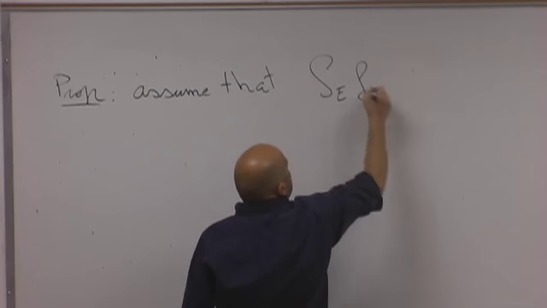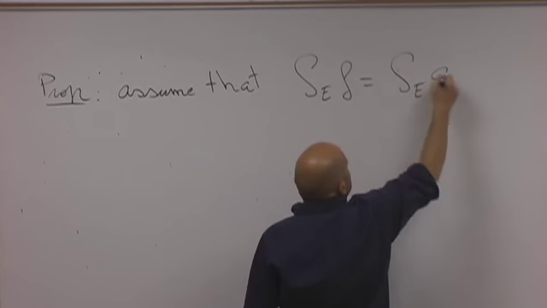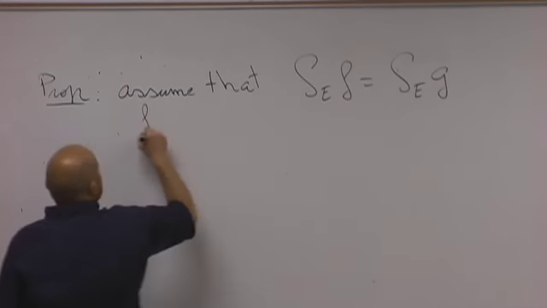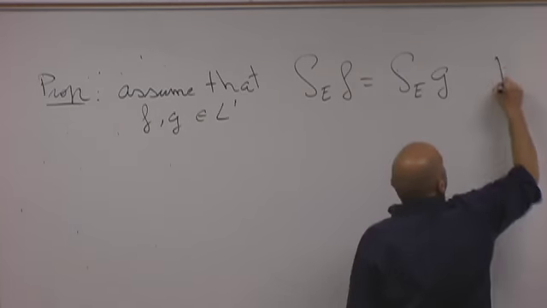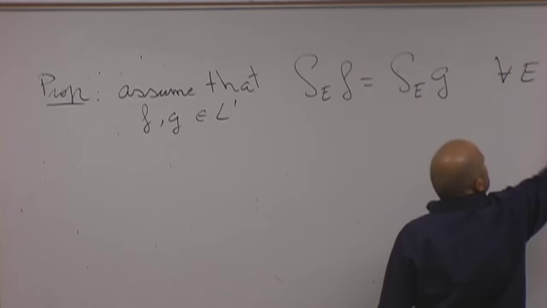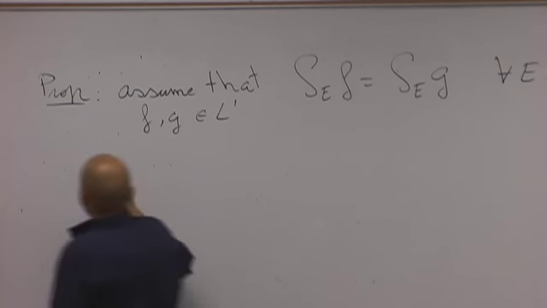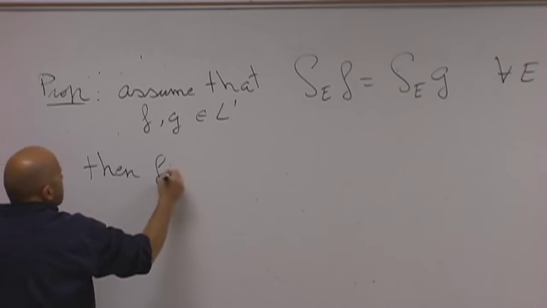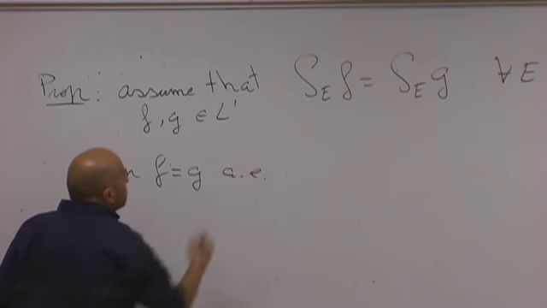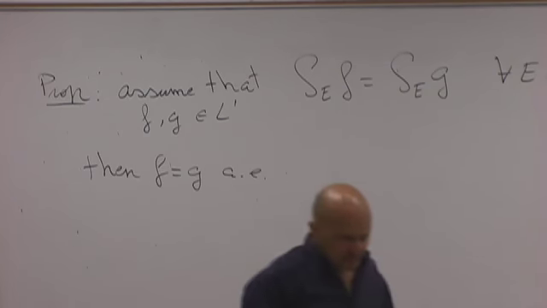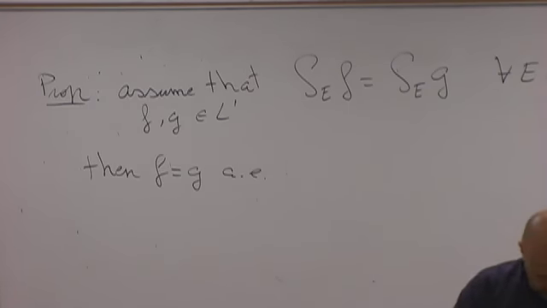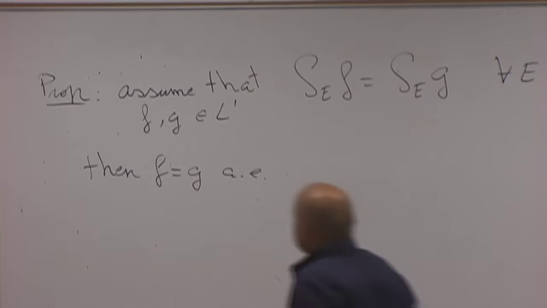Assume first that f and g are in L1, and that the integral of f over E is equal to the integral of g over E for every E in M. Then f is equal to g almost everywhere. Okay, so the proof.